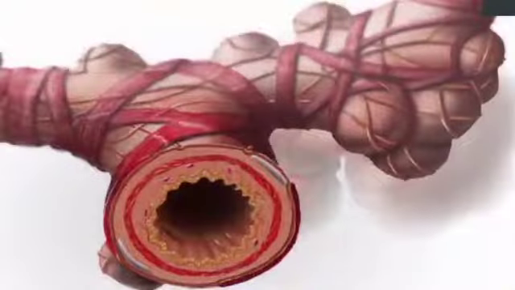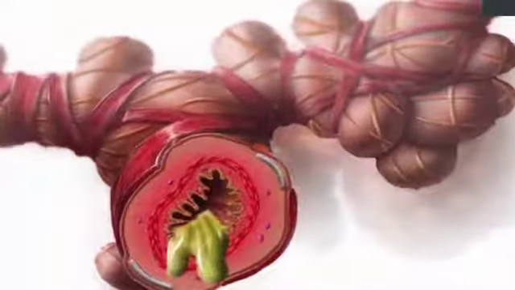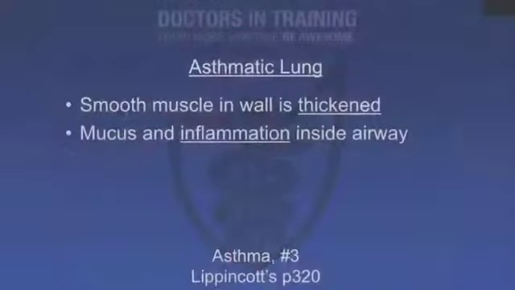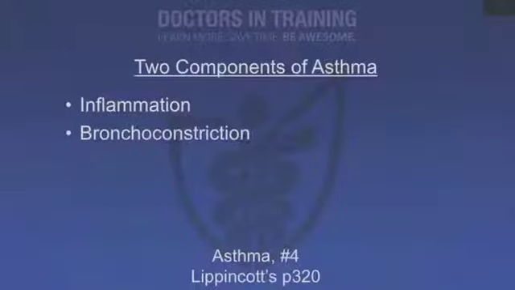And then you move down to the asthmatic lung, and you see the thickened smooth muscle, lots of mucus and inflammation inside the airway. And those are the 2 components of asthma. Asthma is a chronic inflammatory disease in the lung that causes episodes of bronchoconstriction. So it's inflammation and bronchoconstriction. And if you can know those 2 components of asthma, that's going to get you a long way into understanding how to treat asthma.